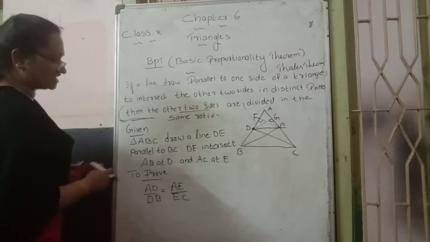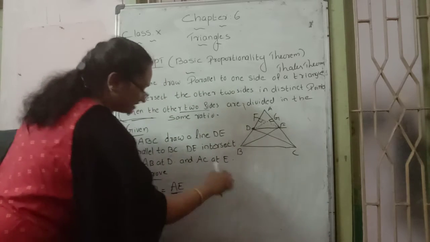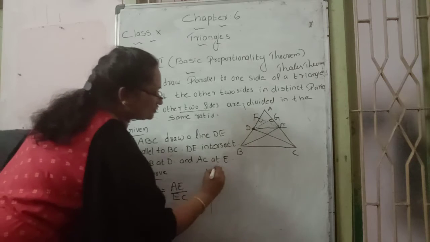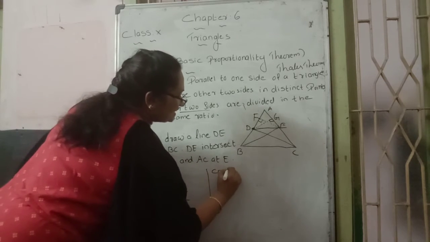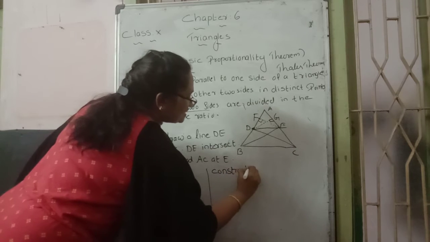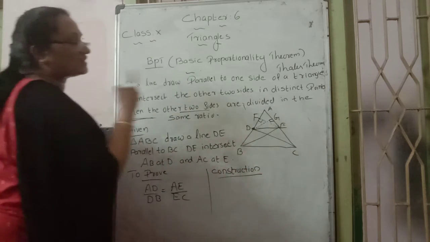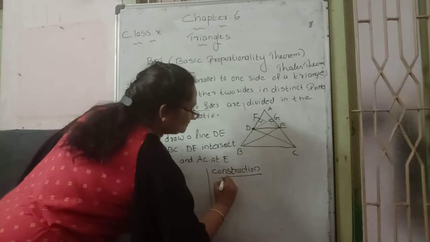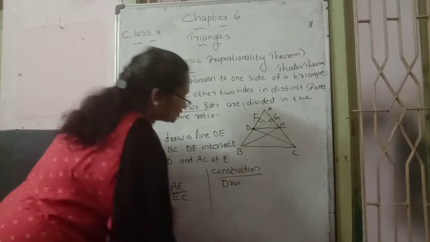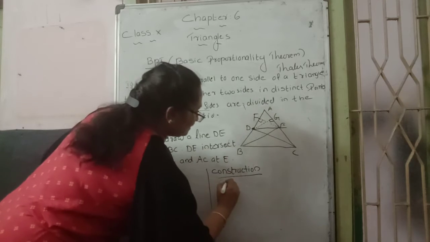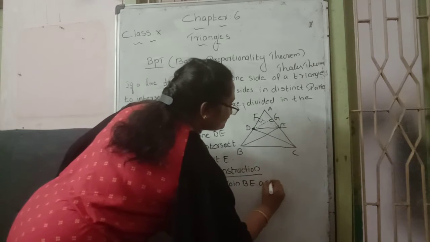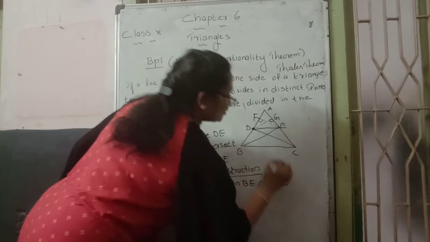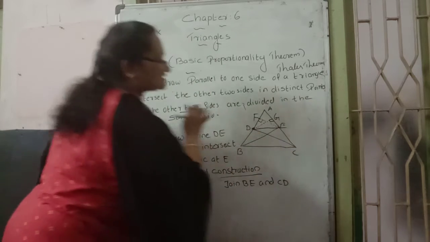So next, what do we want to do? Proof. Construction is the extra construction. Here I write it on this side because I can't see the bottom, that's why I write construction here. What did we do in the extra construction? Join BE and CD.